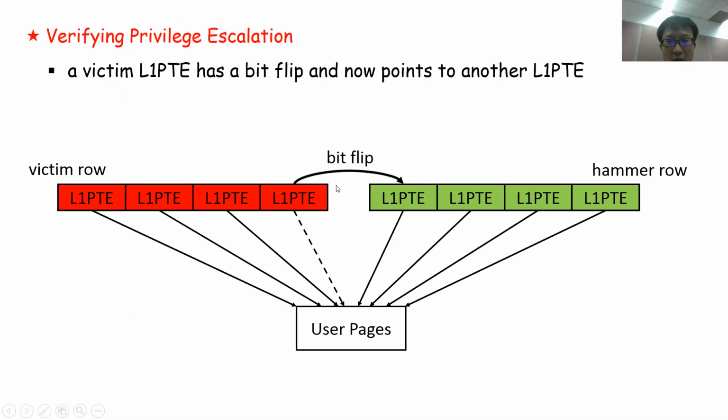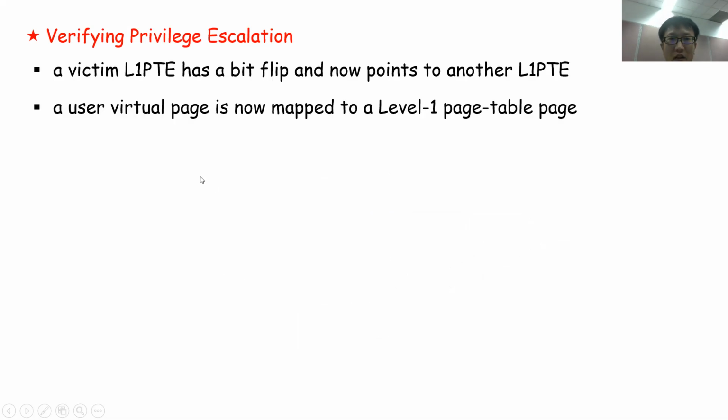If a bit flip occurs in a level 1 PT of the victim row, and the flipped level 1 PT points to another level 1 PT in the hammer row, then a user virtual page is mapped to a level 1 page table page, indicating that the user has gained write access to the level 1 page table page, and thus kernel privilege has been achieved.